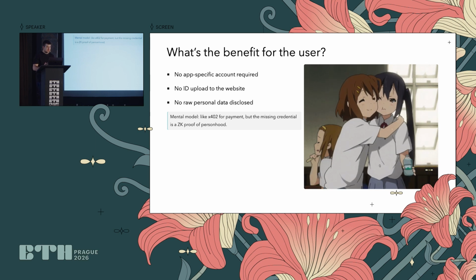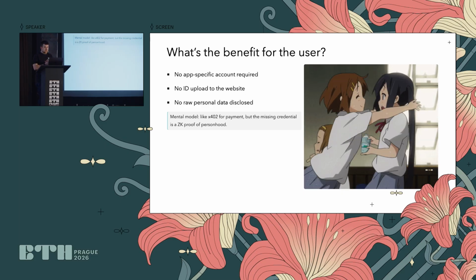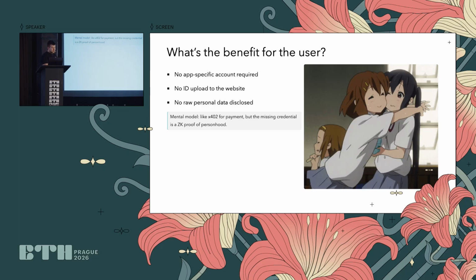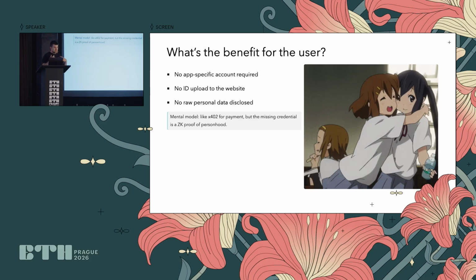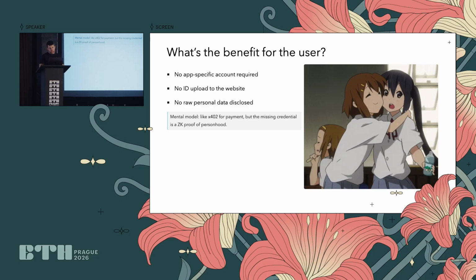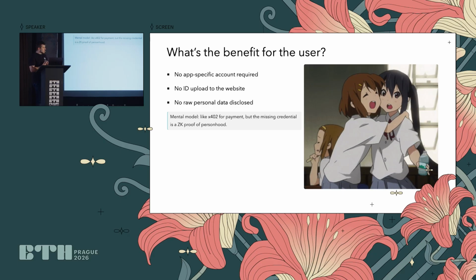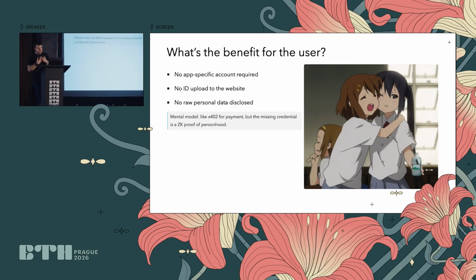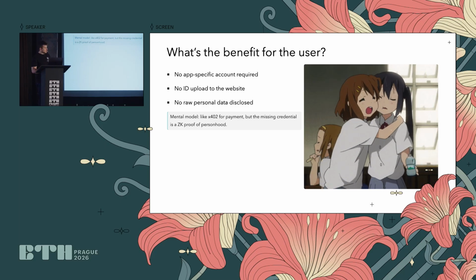So the mental model behind this was something similar to X402. Do you know X402? Perfect. X402 is basically a gateway where you can access some endpoint when you pay, and we try to do the same with ZK credentials. So instead of proving that you paid, you are proving that you are a real person or someone trustworthy.